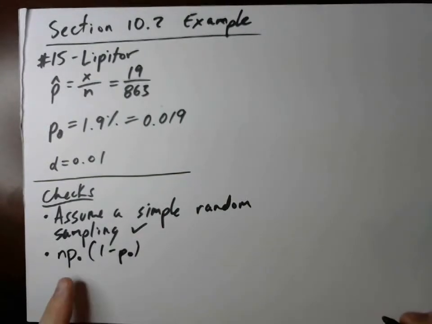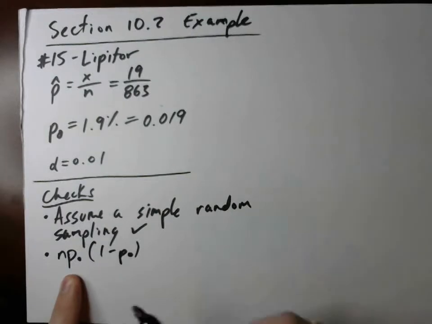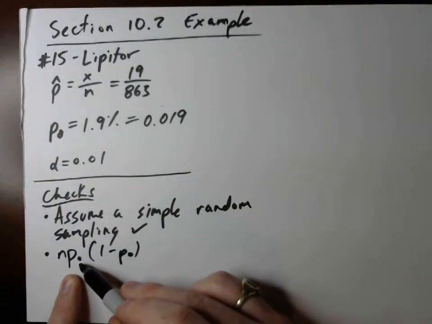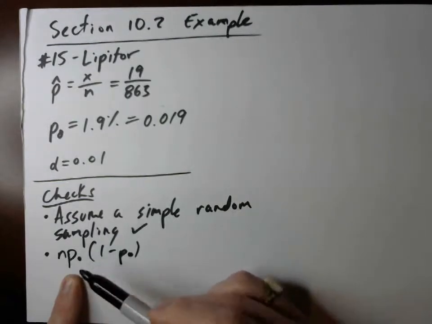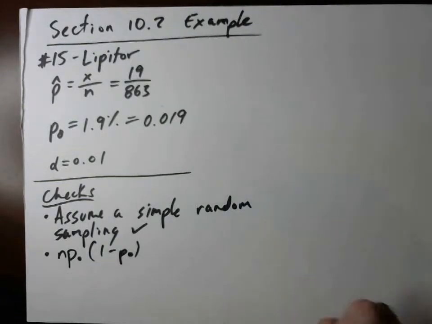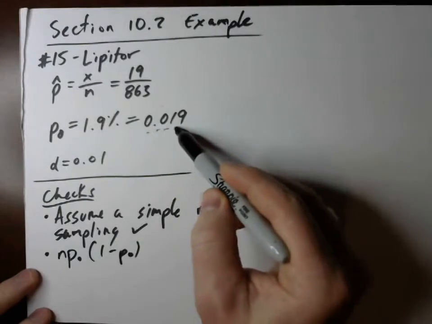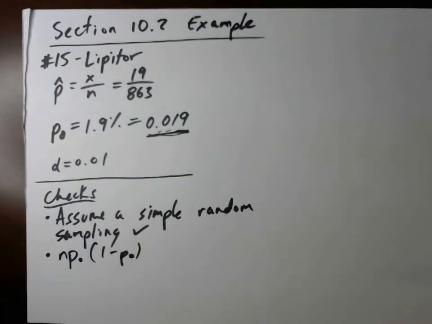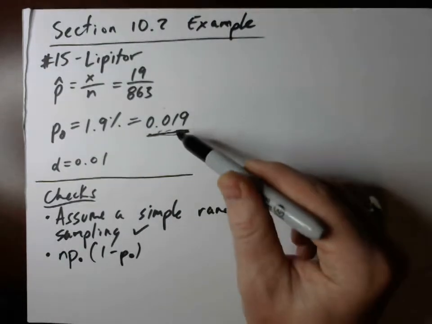Notice that in chapter 8, we used p for this, and in this section, we're using p naught. The reason we're using p naught is we're assuming that p naught, the claimed value, is true for the time being.